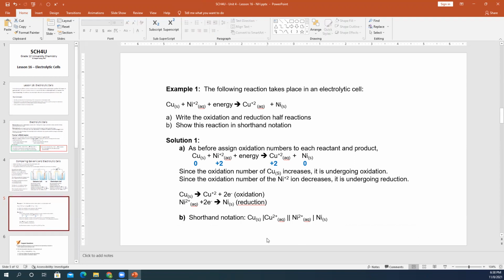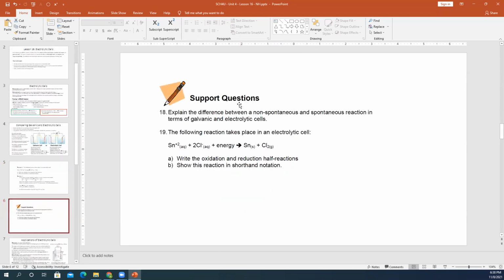We always write the reaction that's happening at the anode on the left side, and the reaction that's happening at the cathode we write on the right side. Okay, there's a couple of support questions for you guys to work through.